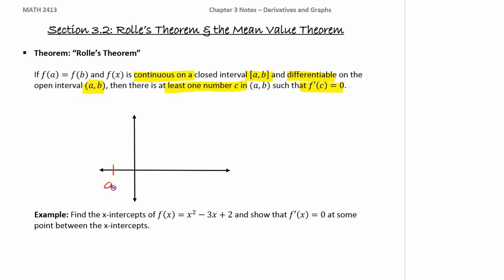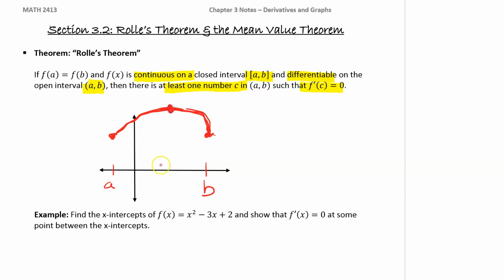If I have some value a here and b here, and we say that f of a and f of b are equal, so their y values are equal, so horizontally they are aligned. If that is the case, and there is any movement at all on this function, it's not a straight horizontal line, and it's continuous, so nothing weird is going on, like an asymptote or a jump or a cusp, then we can say, for me to go up, I must come down in order to be back over here at this horizontal alignment of y values.